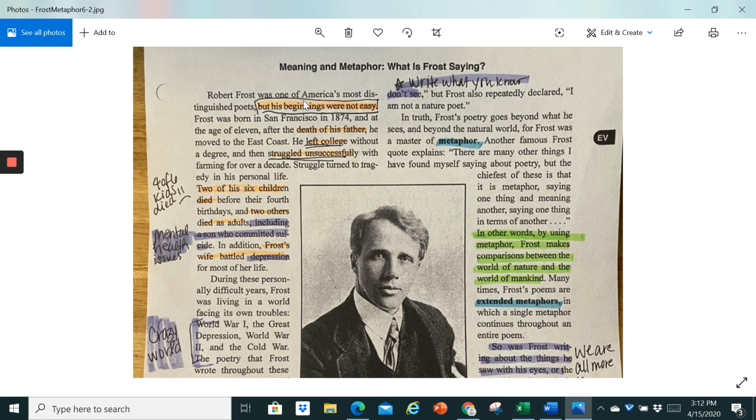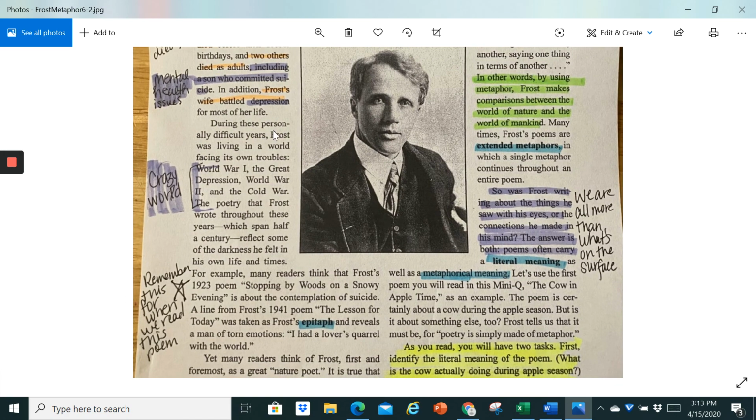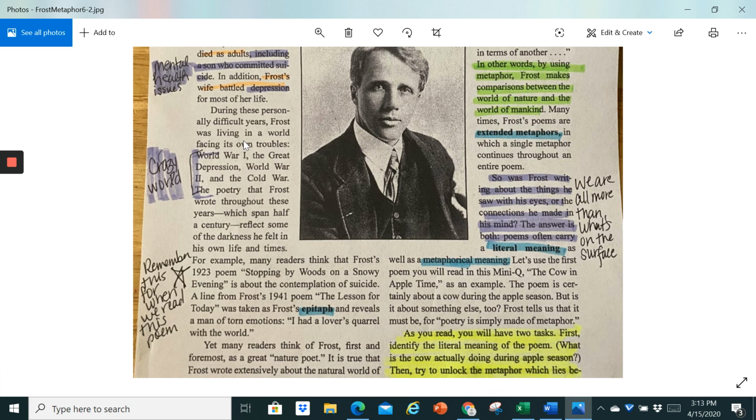And then the second paragraph talks about, even though those years were personally difficult, everybody else in the world was facing big group problems. Everybody was affected by World War I and the Great Depression and World War II. Most of the people on the planet were affected by the Cold War. So this is talking about his beginnings as a writer and as somebody who was documenting life in this time period.